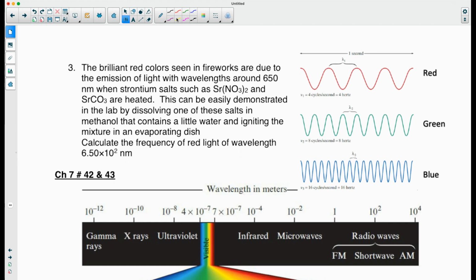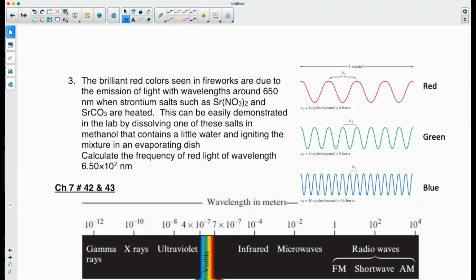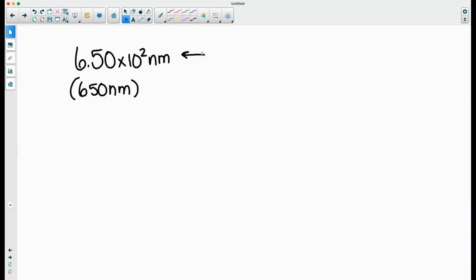the 6.5 times 10 to the 2 nanometers, which remember was 650 nanometers. And we want to know the frequency. So this right here is wavelength.